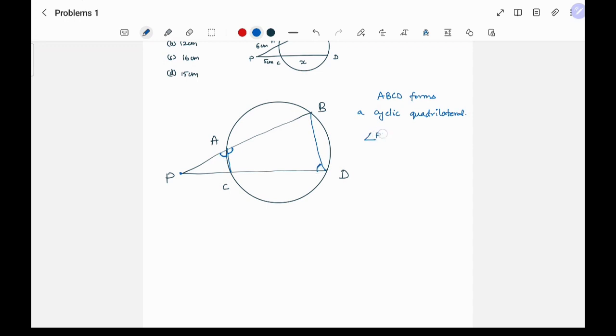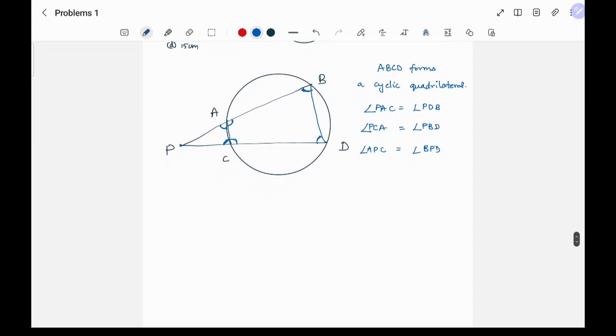So angle PAC is equal to angle PDB. Similarly, this angle plus this angle is 180 degree and this plus this is also 180 degree. So we have this angle is equal to this angle. So angle PCA is equal to angle PBD. And angle P is common, right? So angle APC is equal to angle BPD.